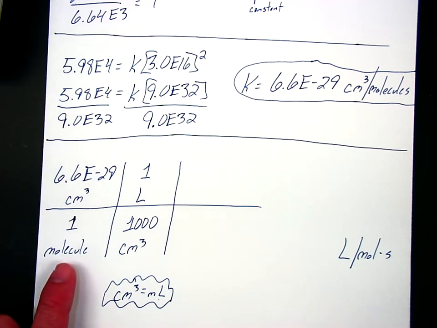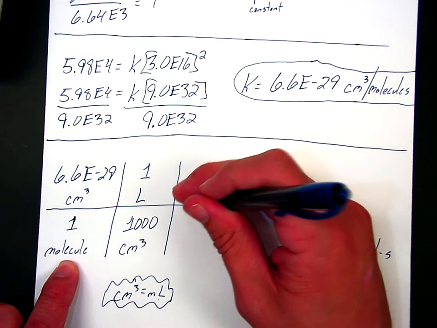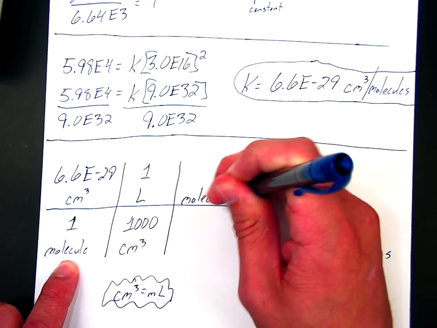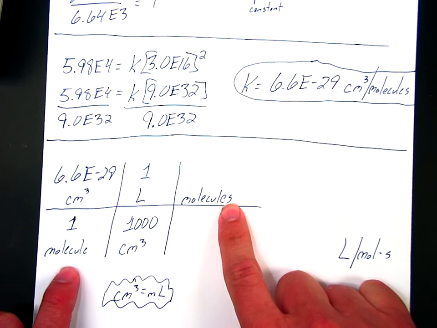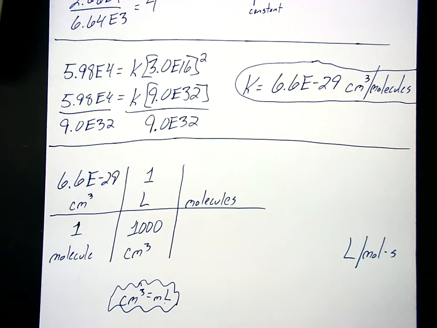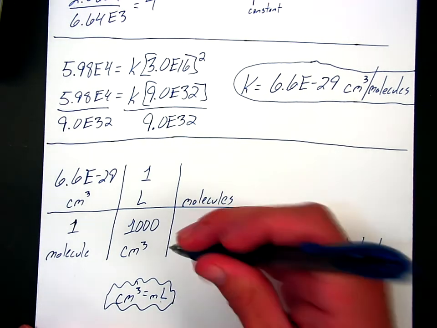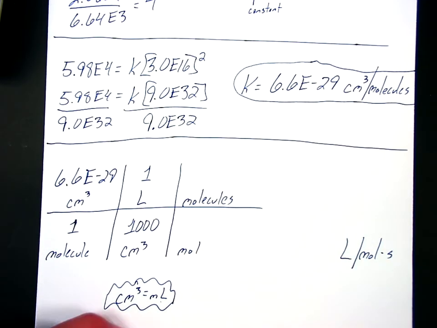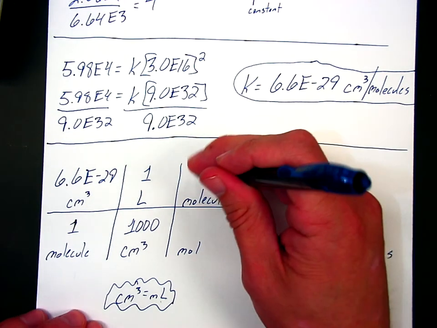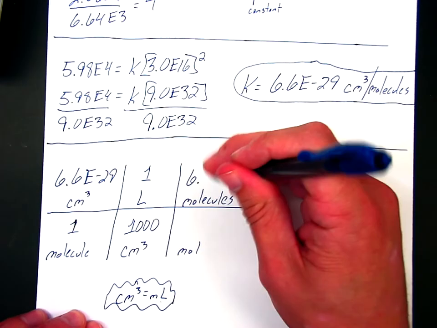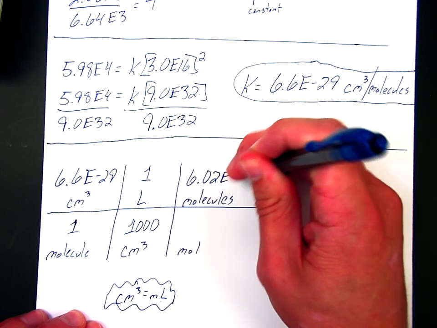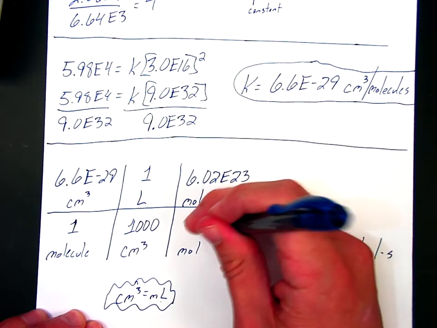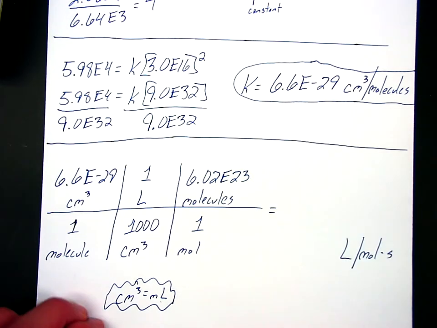But we don't want molecules, so let's get rid of molecules. I'm going to put them up here. Since molecules is on bottom and top, we know the dimensional analysis will eliminate it. And what do I want? Well, look, I want moles. You know this conversion factor. For molecules, it's Avogadro, 6.02 E23 is present in 1 mole.